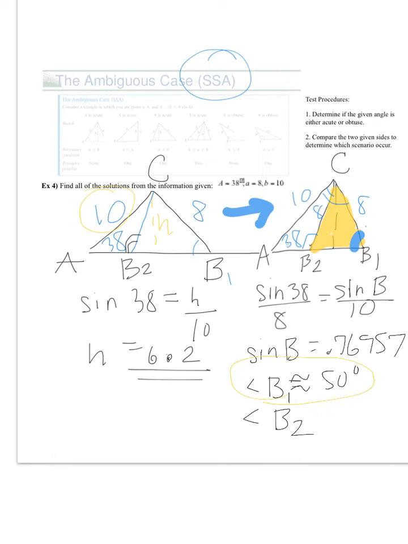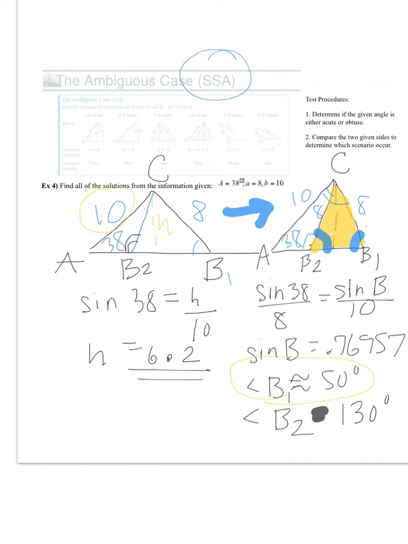Because B1 is the same as that angle right there because it's isosceles, then B2 and B1 are going to be supplementary because they form a linear pair. So B2 is going to equal 130 degrees. So as long as we understand that relationship, getting the angles is really quite easy.